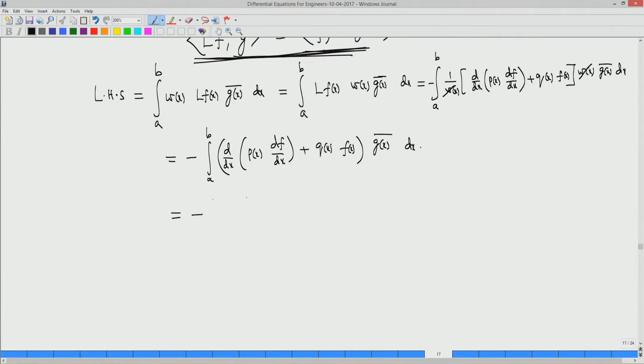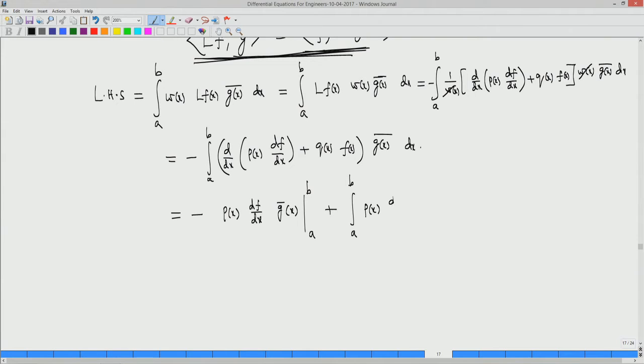Just by integration by parts, what we get is the integral of p(x) df/dx, whose antiderivative is f, times g bar of x, taking limits a to b, minus the integral from a to b of p(x) df/dx times g bar of x dx. Only the first term I am doing.